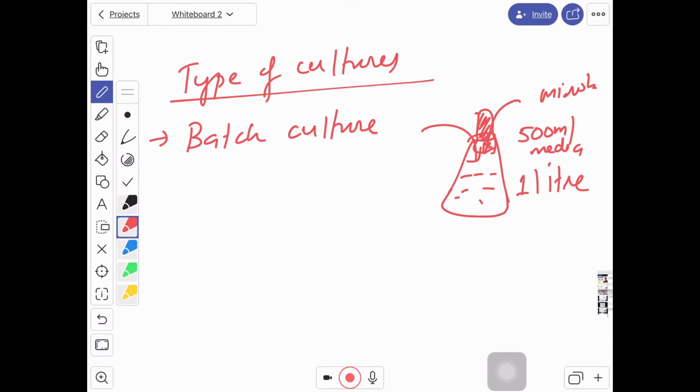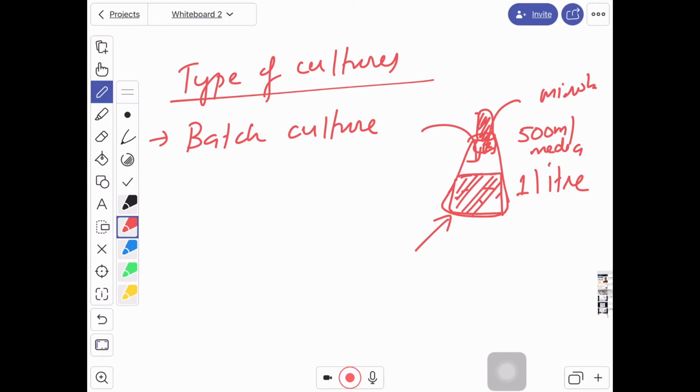Now this particular culture will be allowed to grow in conditions such as an incubator shaker, and a batch of product will be formed after a particular time.